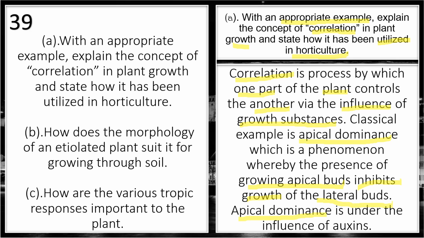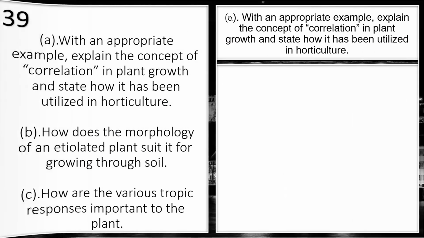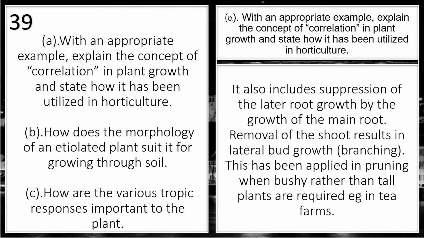Apical dominancy is under the influence of auxins. It also includes suppression of lateral root growth by the growth of the main root.